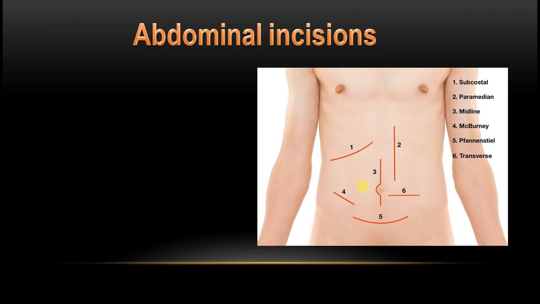Then, based on the site of pathology, so where actually the pathology is present, an incision should give proper exposure or access to the underlying structures. That is one main thing, adequate exposure to the underlying structures.